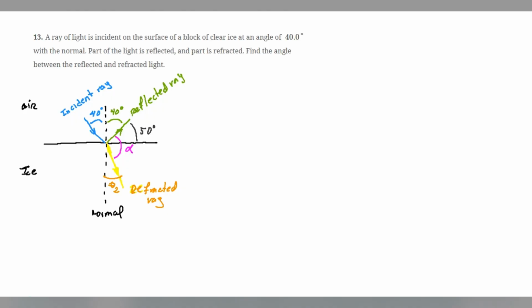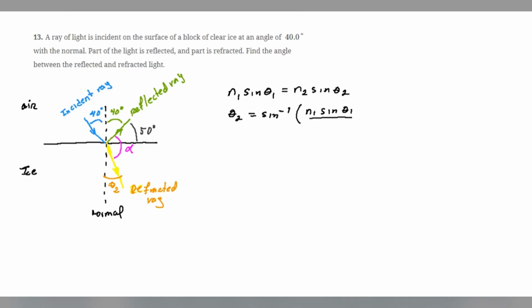So we say that n1 sine of theta sub 1 is equal to n2 sine of theta sub 2. Now, we solve for theta sub 2, and we know that theta sub 2 is the sine inverse of n1 sine of theta sub 1 over n sub 2.